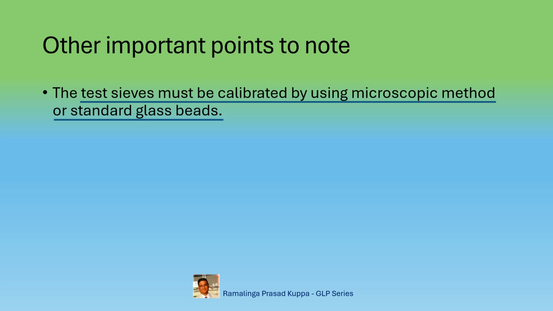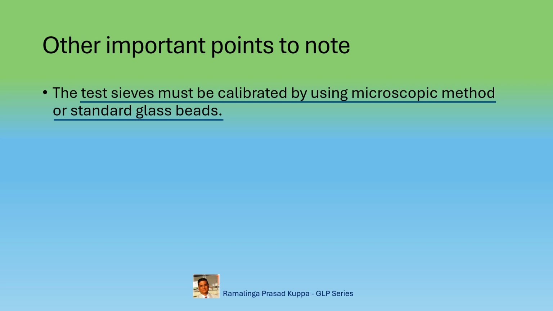The calibration should be carried out as prescribed by the standard glass bead supplier recommendations. Alternatively, microscopic measurement could be done using a calibrated scale. It is time-taking and strenuous, but it is economical.